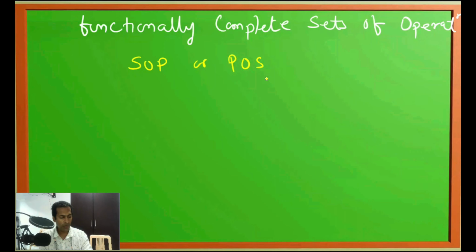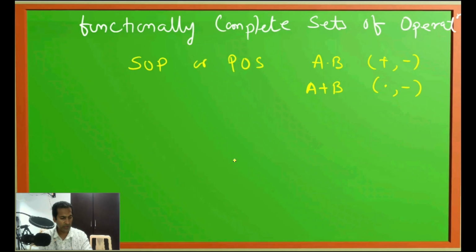With the help of De Morgan's theorem, it is possible to produce A dot B using the set of operators, say plus, minus. Likewise, we can develop A plus B by multiplication dot.